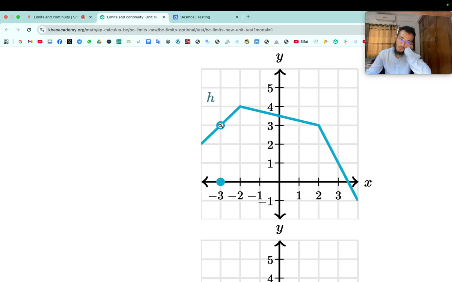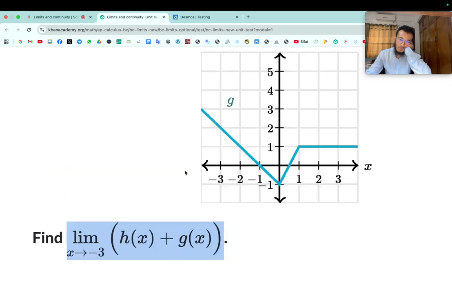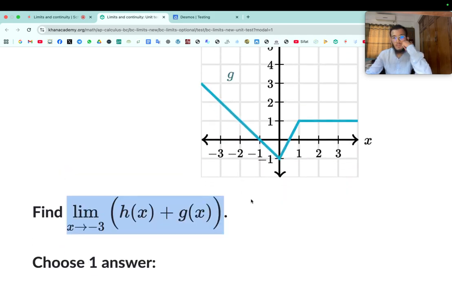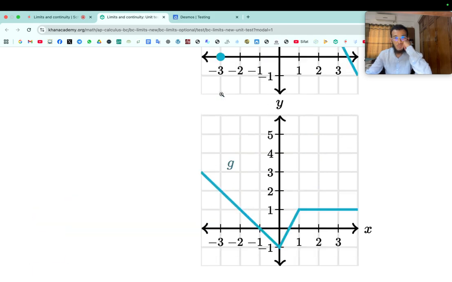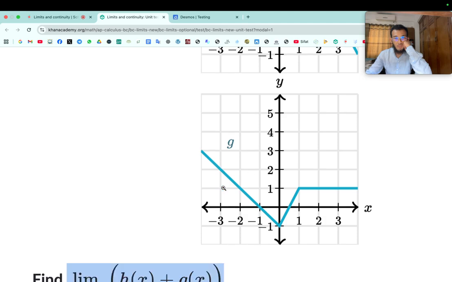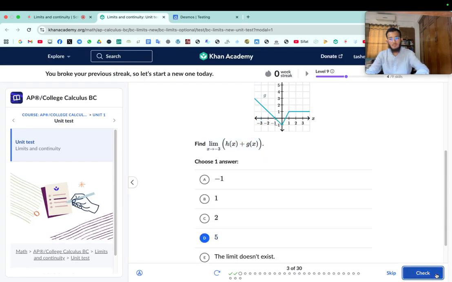As we approach this value from the negative side to the positive side, we get +3 here. So this is +3 plus g of -3, we get +2. So 3 plus 2 is 5. So this should be 5.